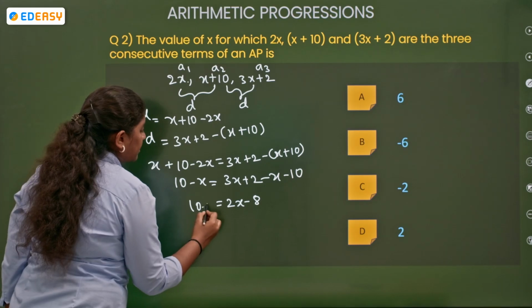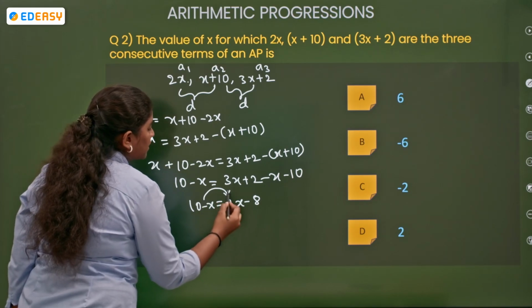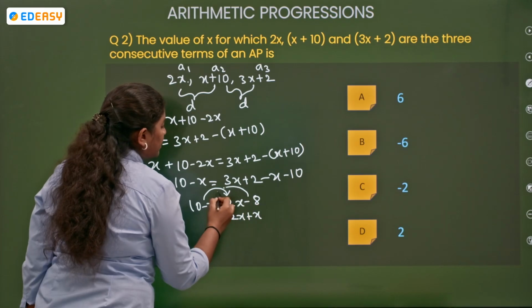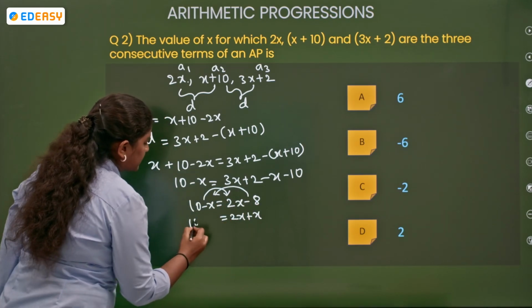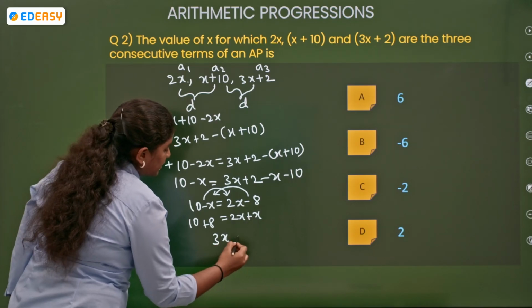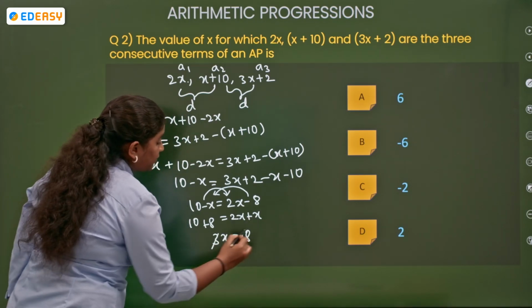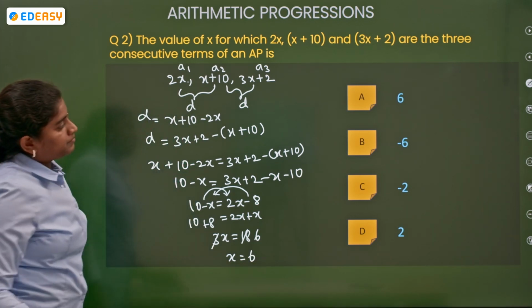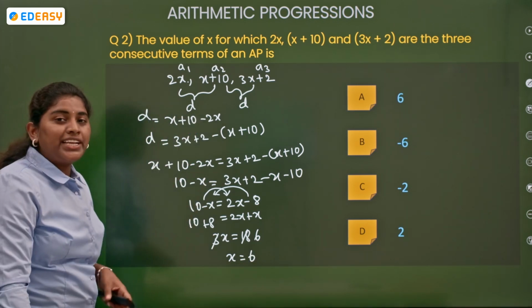Now take minus x to the other side, so it will become 2x plus x, and minus 8 to the other side, so it will become 10 plus 8. Now x plus 2x is 3x equals 18, and 3 into 6 is 18. So we got the x value as 6, which is nothing but our option A.